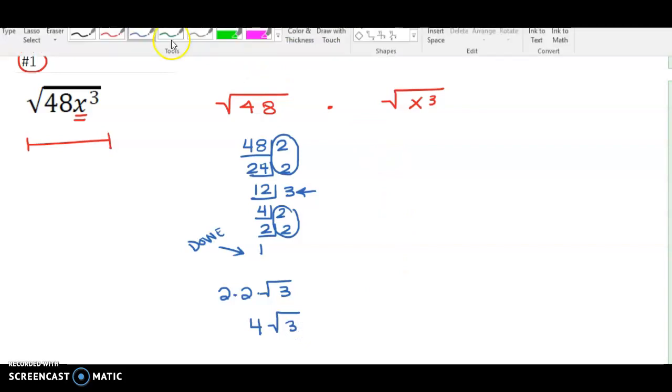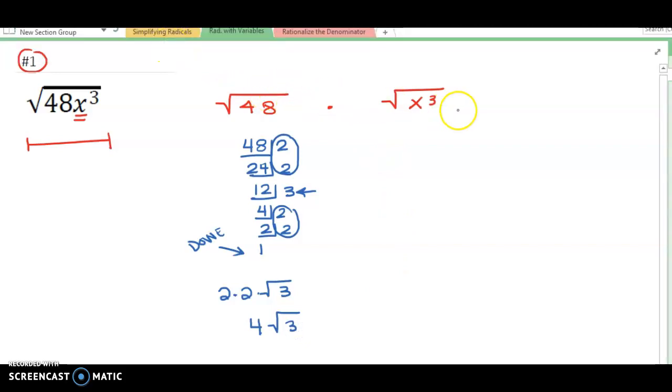All right, now let's look at my variable. Remember, x cubed is simply x times x times x. So I'm going to do the same thing, and if you want, you can go ahead and write it up and down. So x cubed, if I take x out, I get x squared. If I take x out, I get x. If I take x out, I get 1.